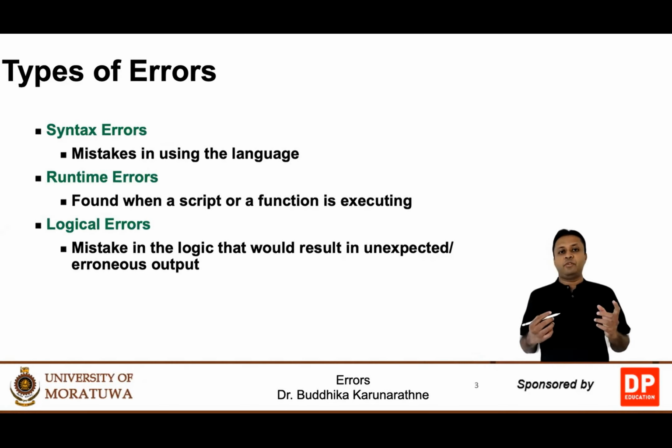And then we have runtime errors, which occur when a script or a function is executing. These are sometimes referred to as execution time errors, and we will soon see some examples of these. And finally, we have logical errors that would not generate any error messages, but they would result in unexpected or erroneous output.